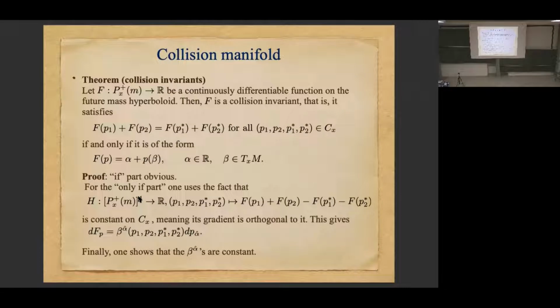So F of P1 plus F of P2 is equal to F of P1 star plus F of P2 star for all points on the collision manifold. Okay, and you can show that this is true if and only if f has the following form. So it's a constant plus something that is linear in P. So P contracted with some vector beta.